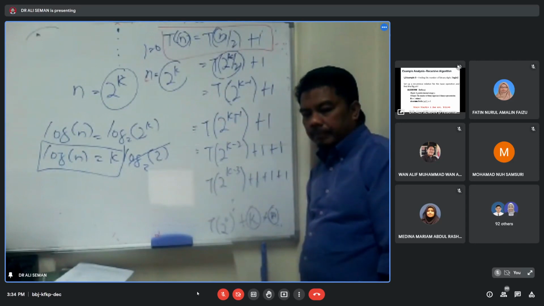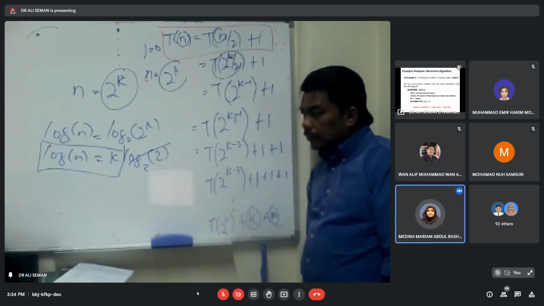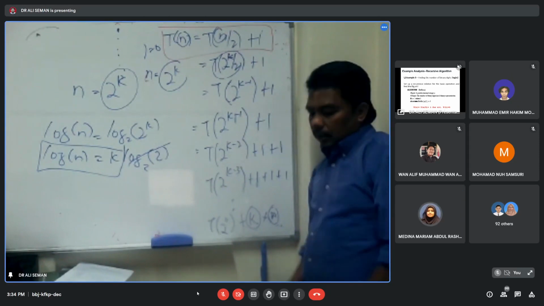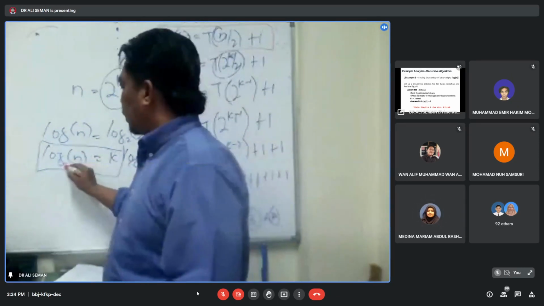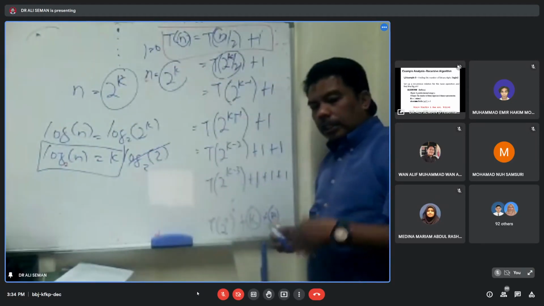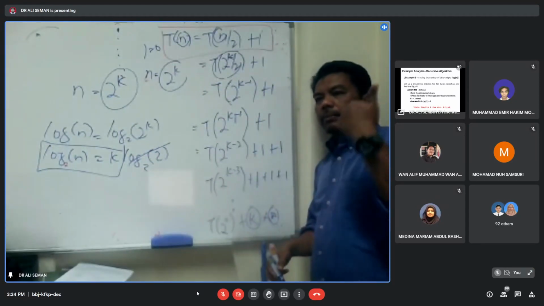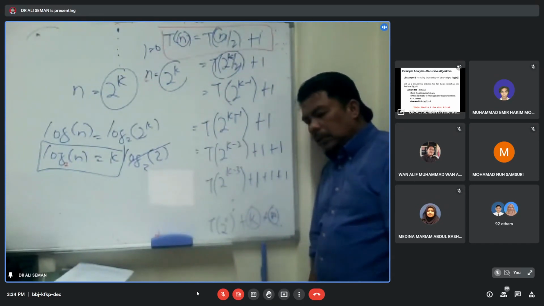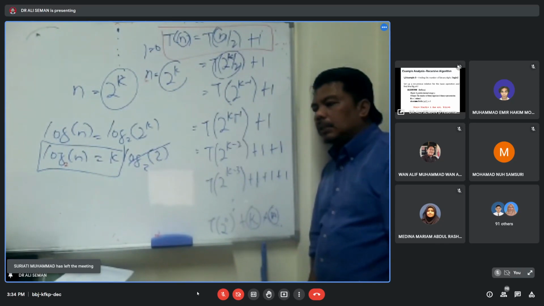Log n is base 2. Base doesn't matter actually. Base 2, base 10 is okay. What is important is that we only want n. Natural log is also okay, like the example previously, the natural log in non-recursive example number 2, n log n.